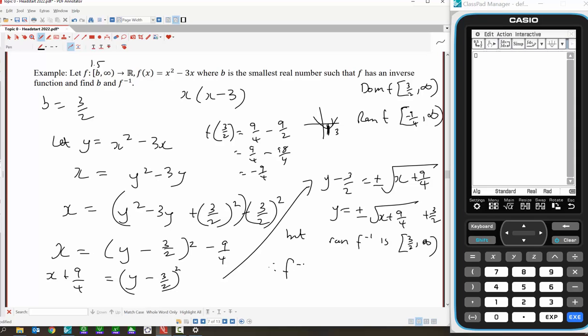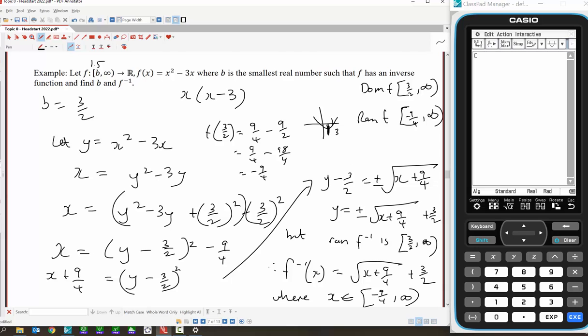Therefore, f⁻¹(x) equals root of (x plus 9 on 4), plus 3 on 2, where x is an element. Now the domain of the inverse is the range of the original, so it's going to be negative 9 on 4 to positive infinity.